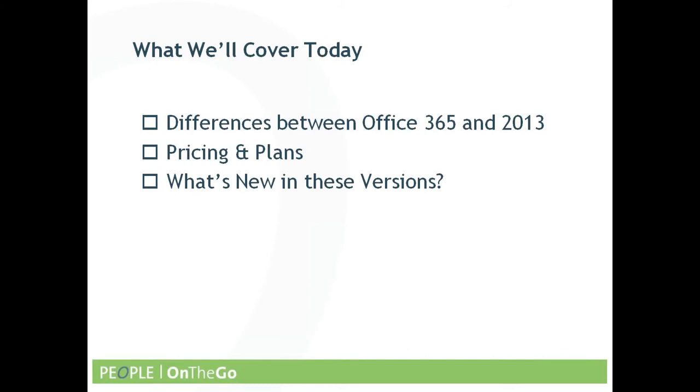So we'll be taking a look at that. And then finally, we'll be looking at some of the key new features that are included in these versions. A lot of great functionality is available to you in these latest versions, and we'll cover that so you can decide whether Office 365 and 2013 are right for you.